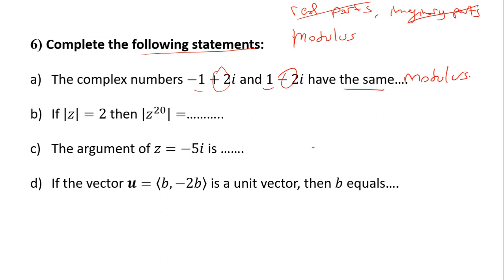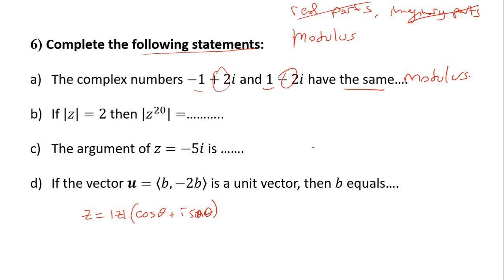Okay, if the norm of z is equal to 2, then what's the modulus of z to the 20? Okay, what is this? So here is the idea. z can be written as the modulus times cis theta, like cosine theta plus i sine theta.